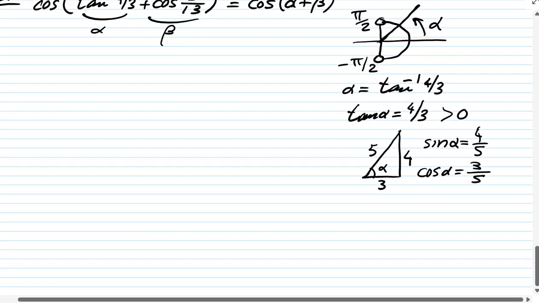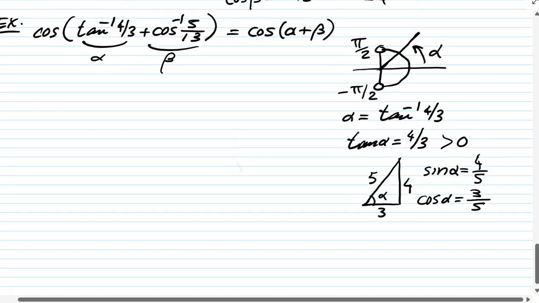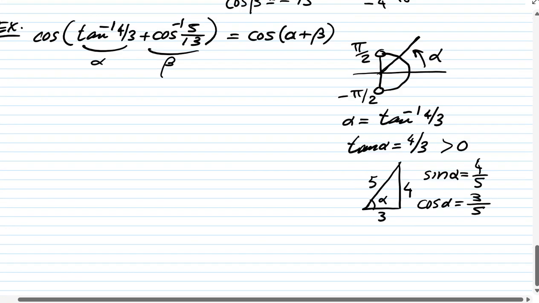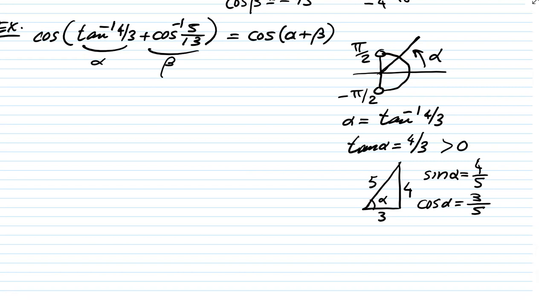Cool. Now we're going to do the same thing for inverse cosine. This was for inverse tangent. Let's do it for inverse cosine. Inverse cosine, that's beta. So if beta is inverse cosine of 5/13, that means cosine of beta is 5/13.